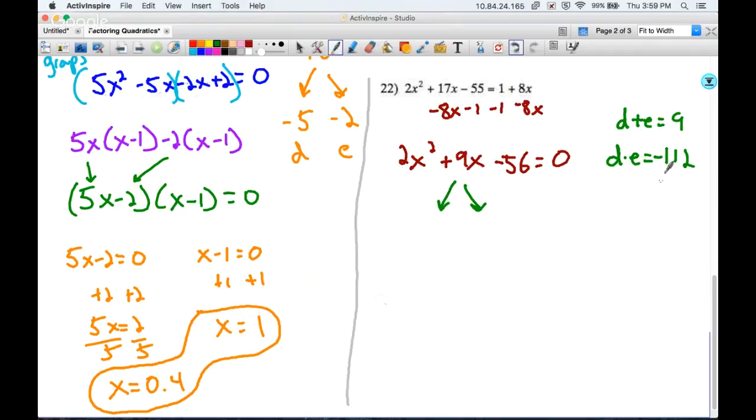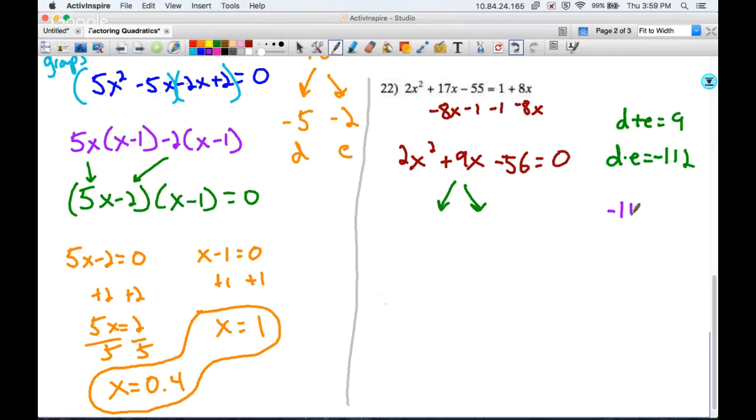All right, so I'm looking for 2 numbers that multiply to negative 112, but I'm going to pick factors that are pretty close to each other because I know that the distance between these numbers is only 9. Because I'm going to have to use a positive and a negative, but when I add them up, I'm going to get 9.